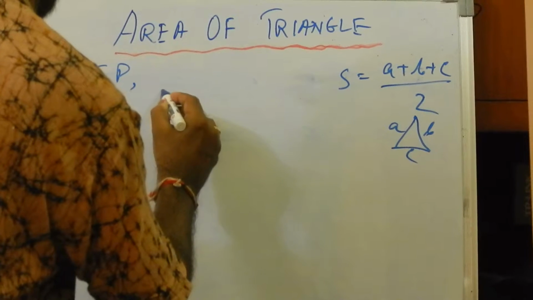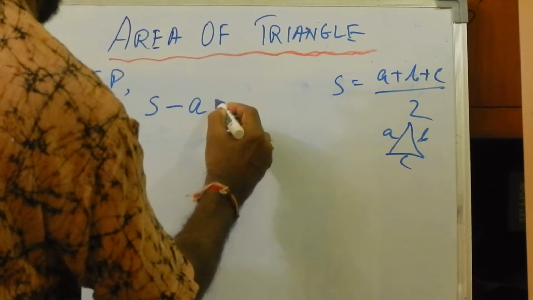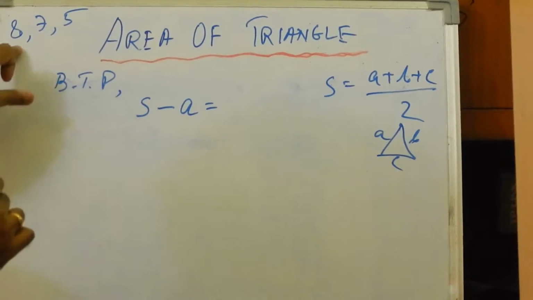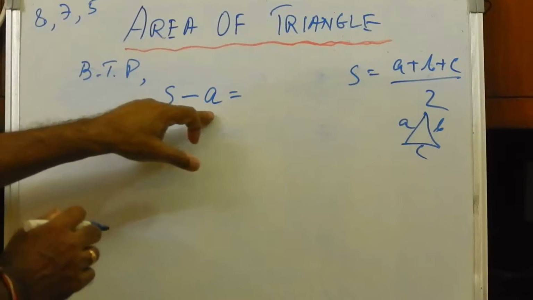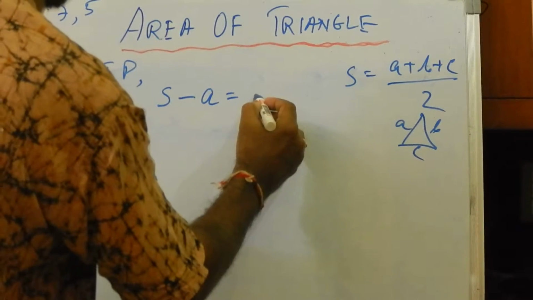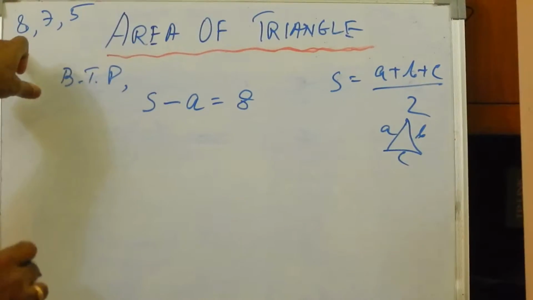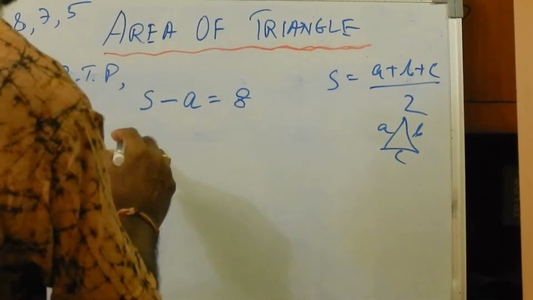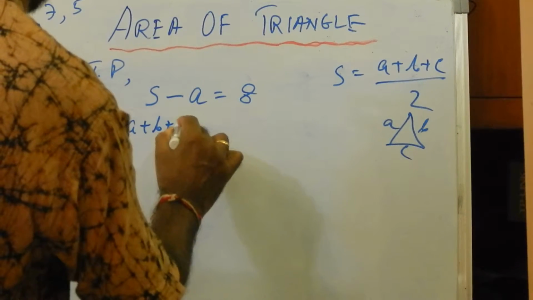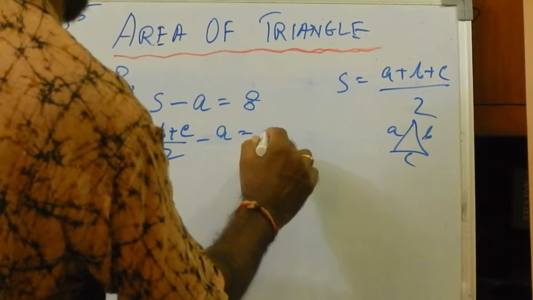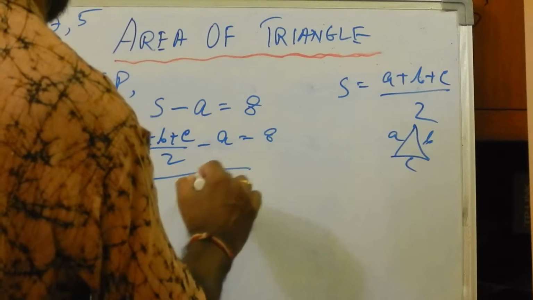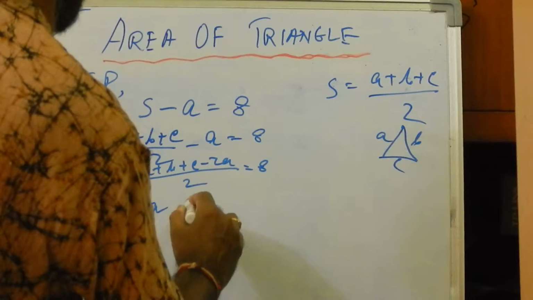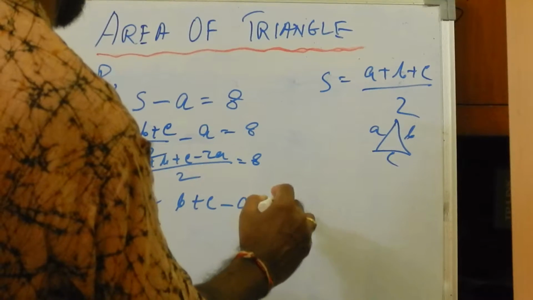For the first one, S minus a equals 8. So a plus b plus c by 2 minus a equals 8, or a plus b plus c minus 2a equals 8, or b plus c minus a equals 16.